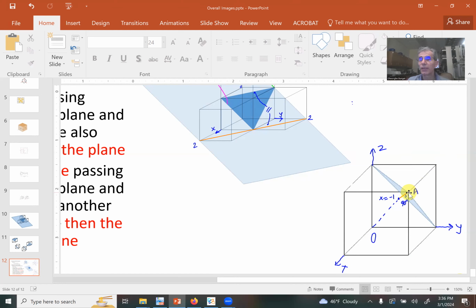But along this first base, which is a diagonal, it looks like it will meet at half of it. So I go at the diagonal in this YZ plane there.